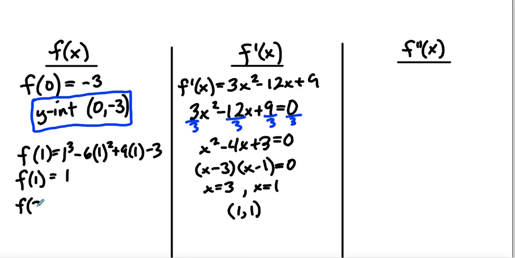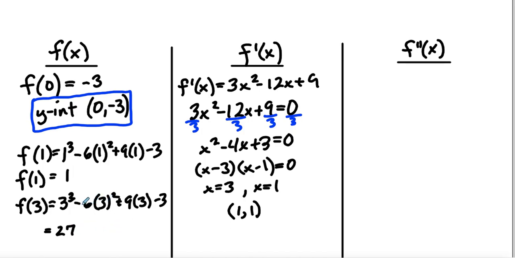Now we're going to input 3. That'll require a little bit more calculation. So 3 cubed minus 6 times 3 squared plus 9 times 3 minus 3. If you're really number savvy here, you can realize that 3 cubed and 9 times 3 are the same thing. Both of those are going to give you 27.